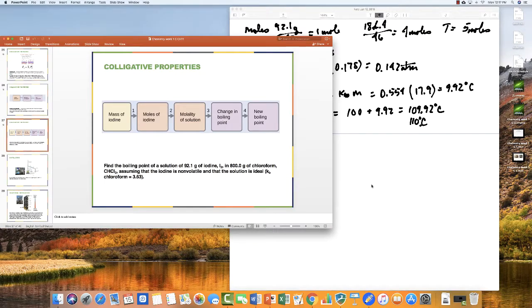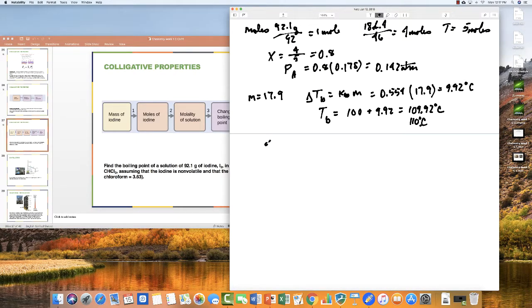First, we have the mass of iodine, which is 92.1 grams. And remember, iodine is one of those diatomic molecules, and so the molar mass of iodine is 2 times the number that's in the periodic table. So it's 253.8. And if you do the math here, you get 0.363 moles of iodine.